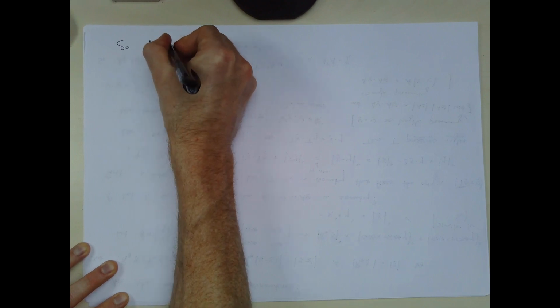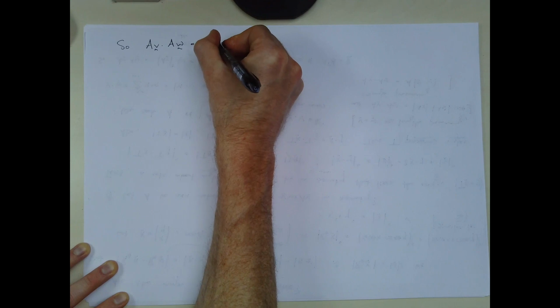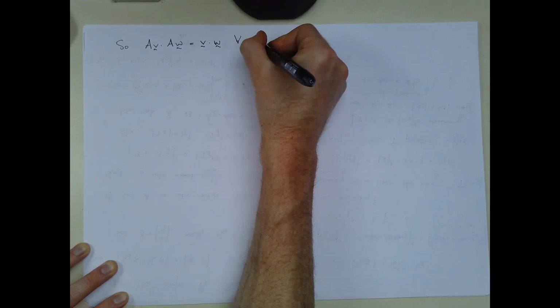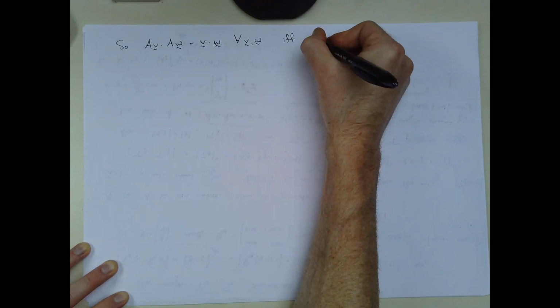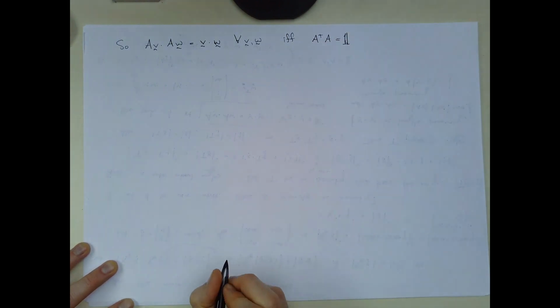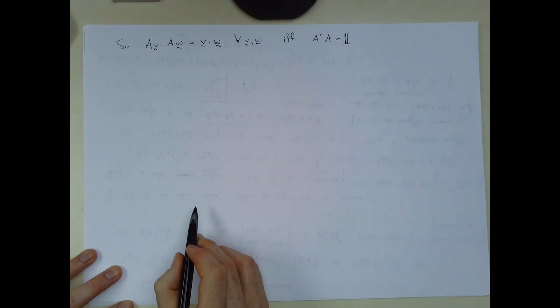That is, AV dot AW is V dot W for all V and W if and only if A transpose A is the identity. And if these are vectors in Rn, then that's the n-dimensional identity matrix.